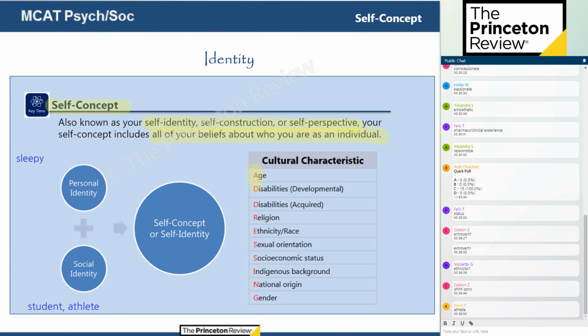These are indicated in this column of cultural characteristics.